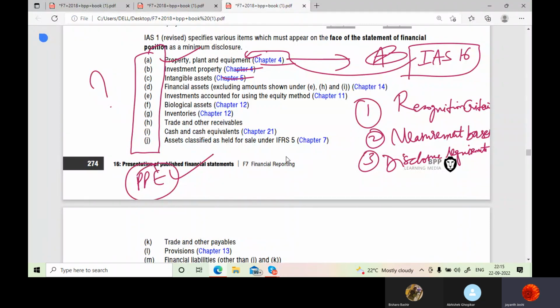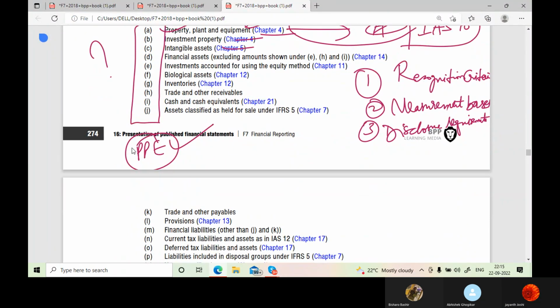Is it an asset or a liability? Your voice is not clear.